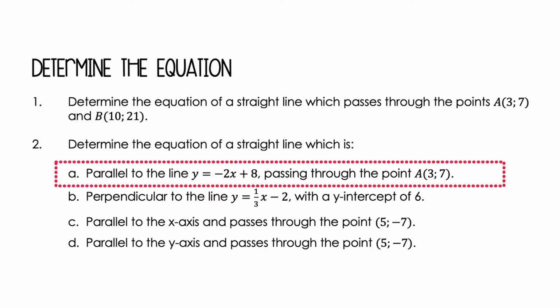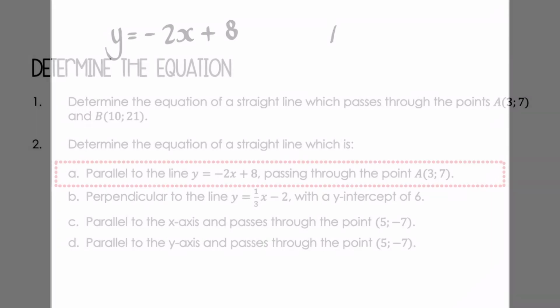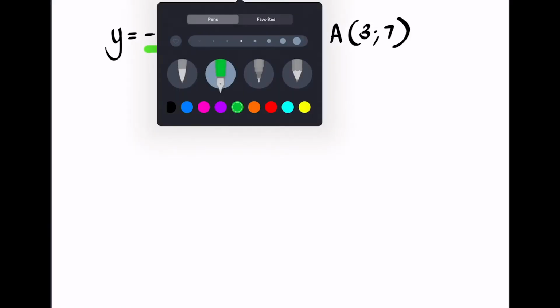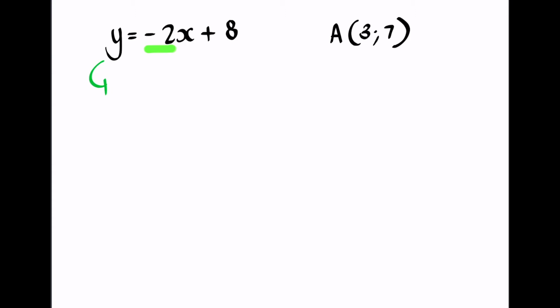The next question says, determine the equation of the straight line which is parallel to the line y equals minus 2x plus 8 passing through the point A, 3 and 7. So we want the equation of the line that's parallel. Now if it's parallel, then that means that the gradients are going to be equal.